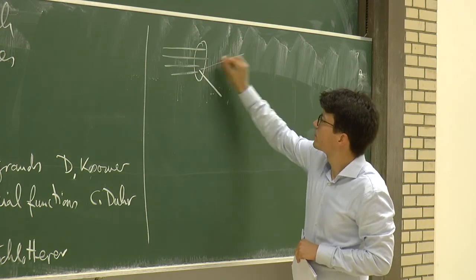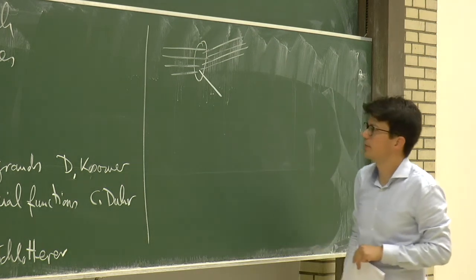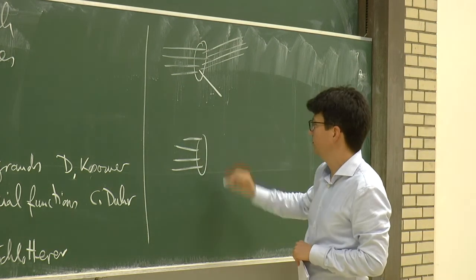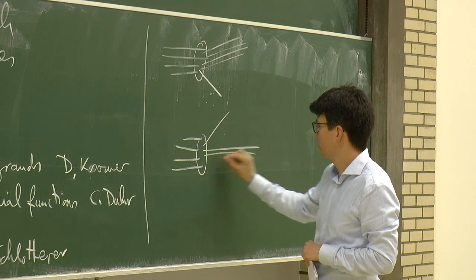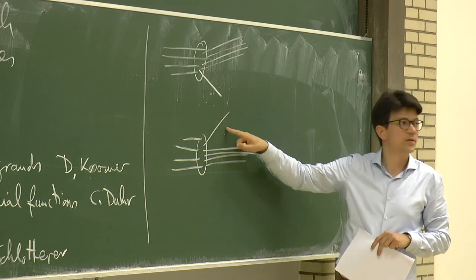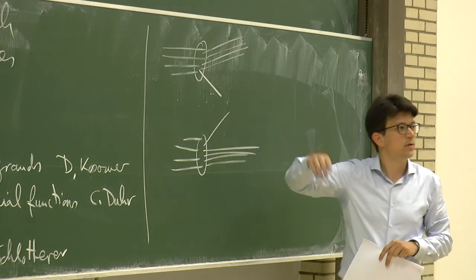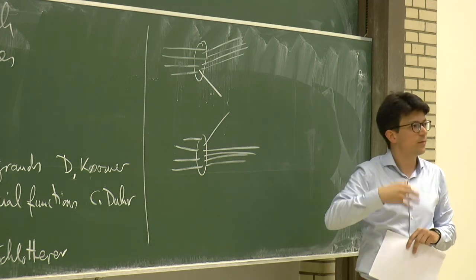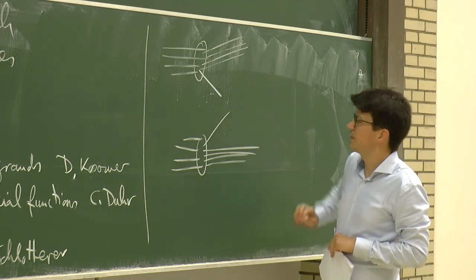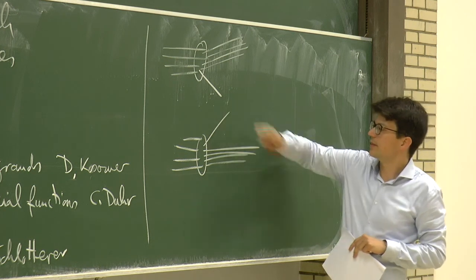And the rest of the proton goes on here, and similarly for the second one. So we have some picture like this. These could be quarks or gluons, and when we talk of scattering amplitudes, what we can calculate in perturbation theory is the scattering process of these elementary particles.